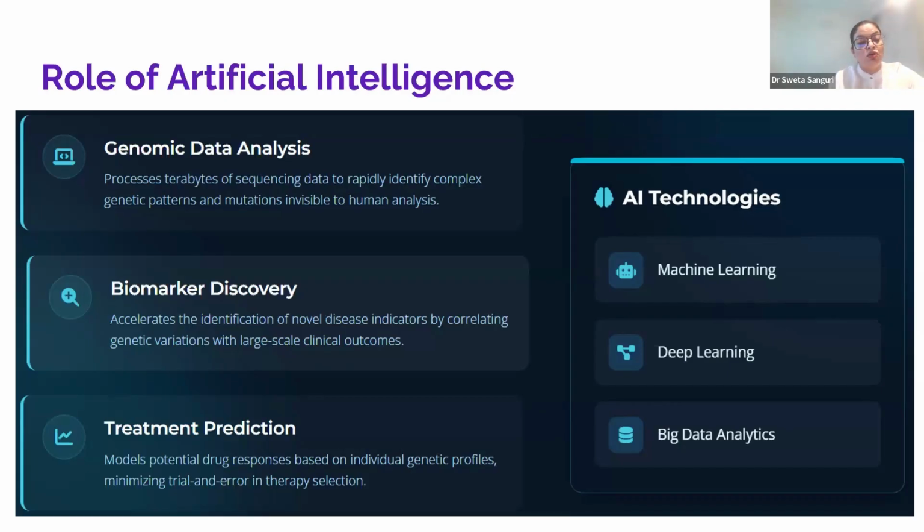And AI now is also helping a big deal in drug development. The time is really shortened, because the time for drug development is a very huge timeline, and that is also being shortened with the role of artificial intelligence.